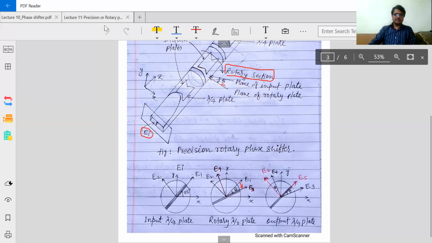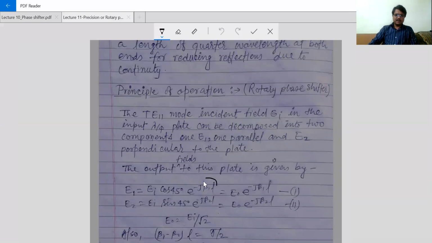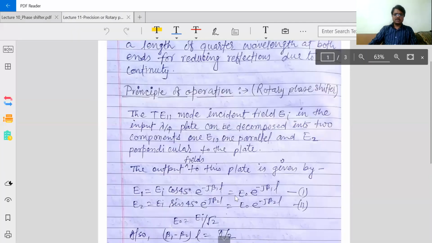We can see here, Ei cos 45, and that is E1, e to the power minus j beta 1 L. This is the procedure of writing, because these E1 and E2 electric fields at the output of the plate are written. The other phase shift will also be beta 1 L and beta 2 L.